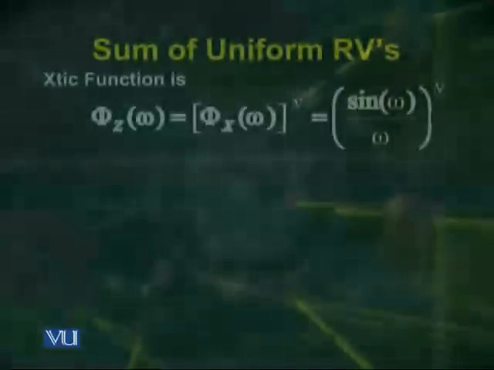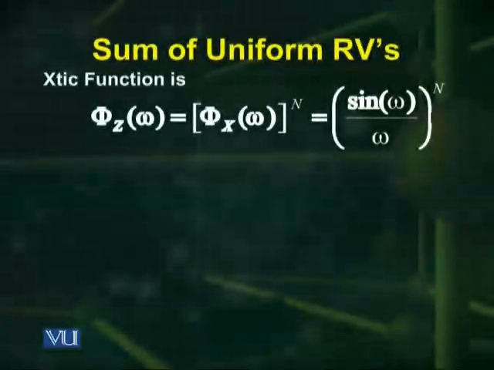So if there is a collection of uniformly distributed random variables all having flat PDF from -1 to 1 with a height of 1 by 2, we can find the characteristic function of one of them, which will be sine omega a, where a is 1 divided by omega, or sine omega over omega.